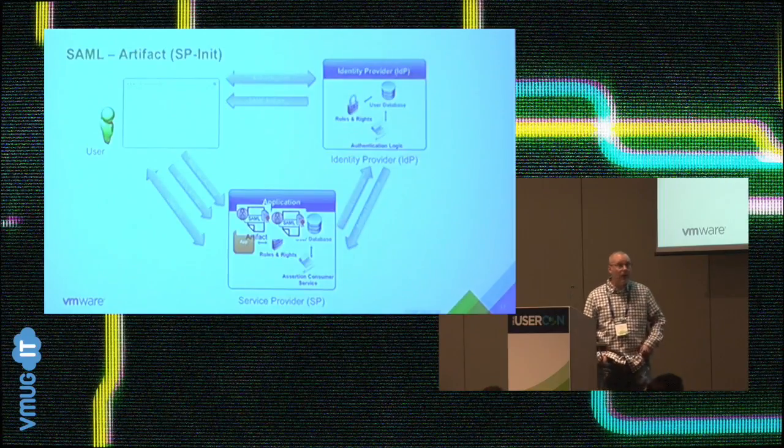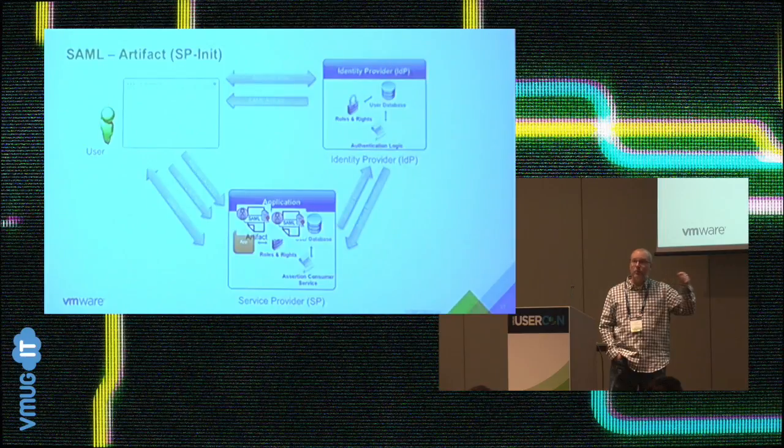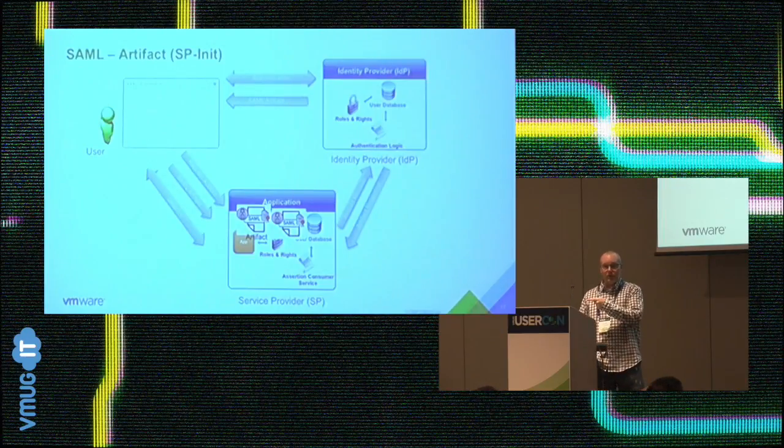Just to tie this to our products, for example, Horizon, our VDI solution, supports SAML, but requires artifact. The Horizon client cannot handle the SAML assertion. So the Horizon client receives this URI, connects to the connection server and pulls the SAML assertion.